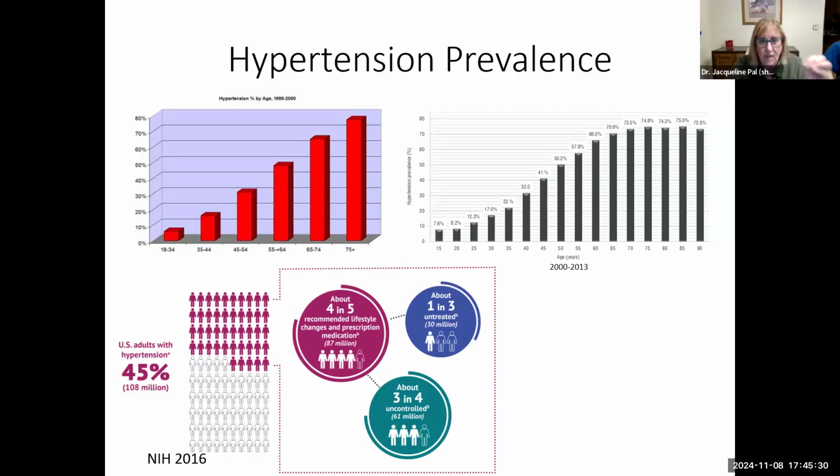But here's the thing. Of the 80% that have the recommendations, 1 in 3 choose not to do it. Yes, 1 in 3 know they have high blood pressure and have decided, for whatever reason, I don't care. I don't have any symptoms. I'm not going to deal with it.